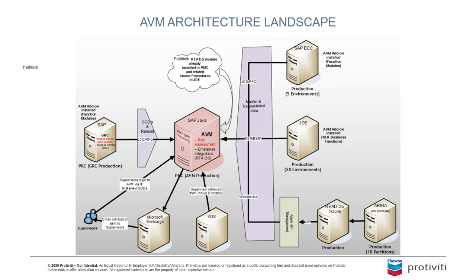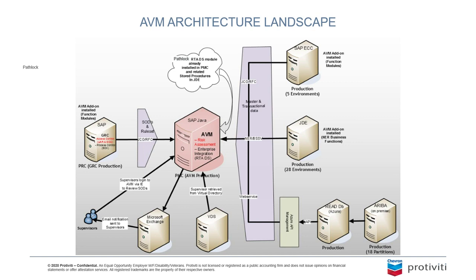It's a little hard to read there, but we built out an API, working with the Pathlock team, to pull the relevant procurement data from that data warehouse also into AVM, along with the JDE and ECC data. So combining all those elements is everything that AVM needs to then go off and do its job and report back on risk violations.